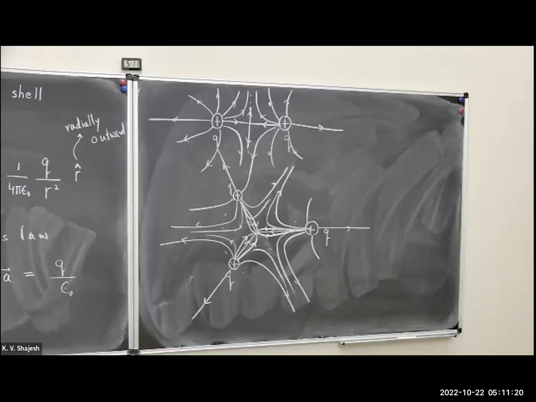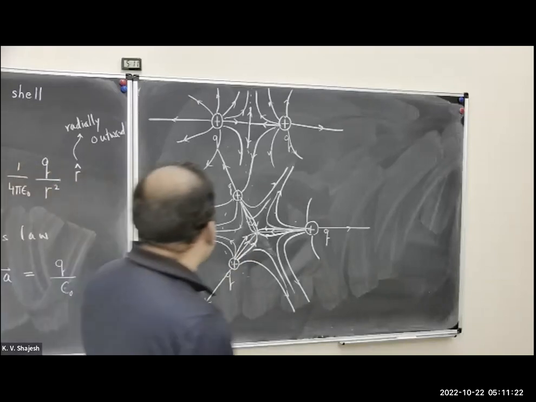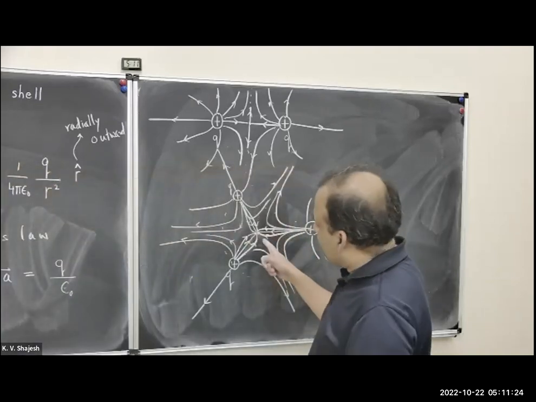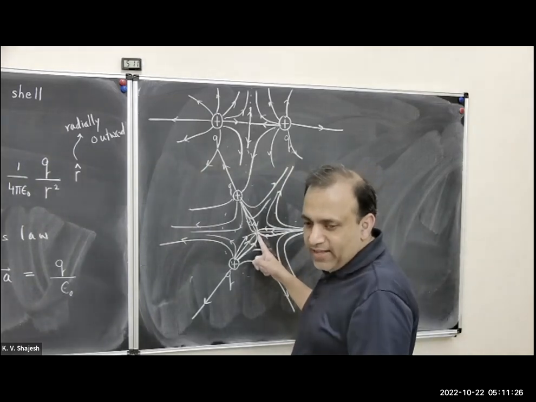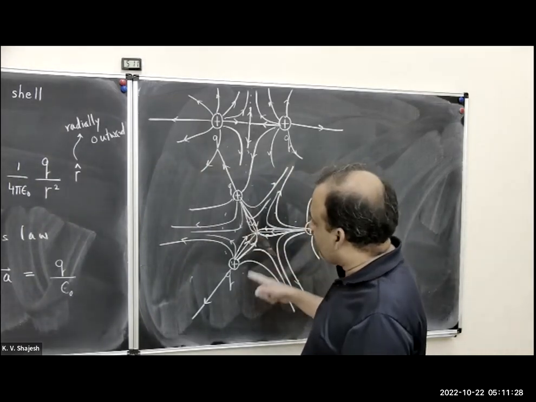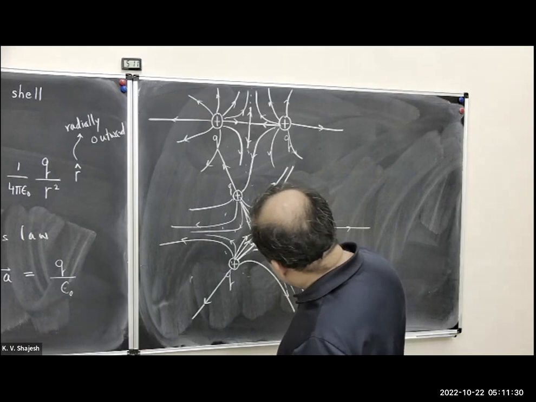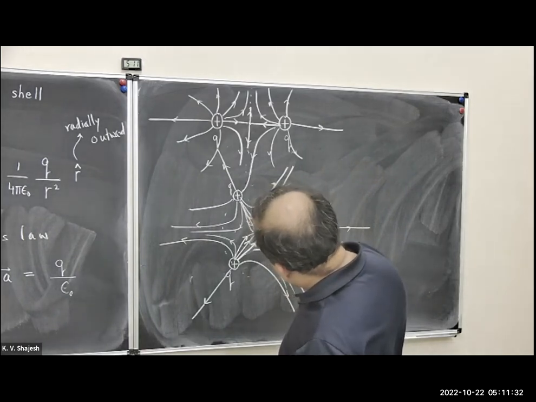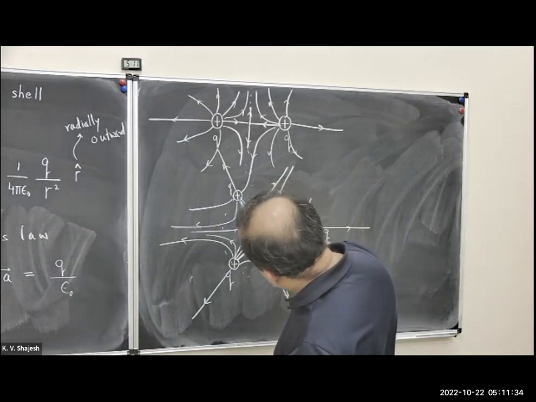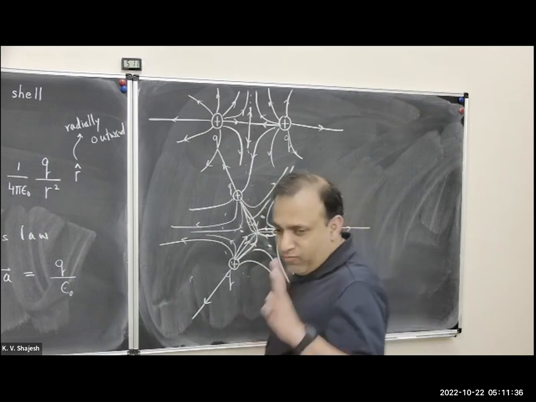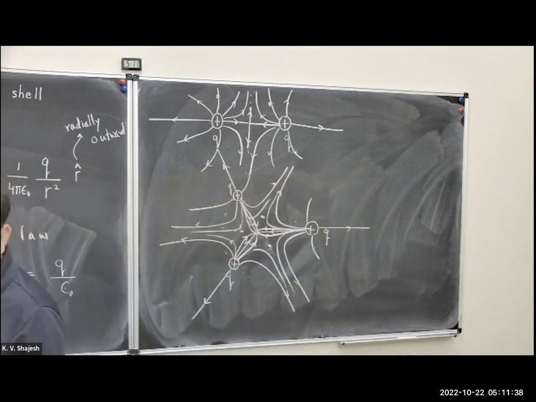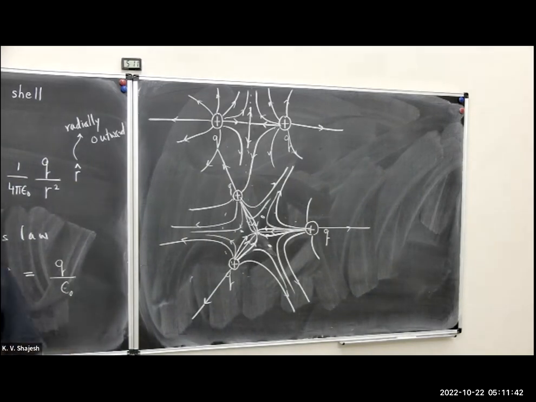Exactly. So the point is, it's not that there is only one solution inside a 3-point charges. There are 4. It is 0 here, it is 0 here, it is 0 here. There are 4 points inside a sphere where 3 charges are on the extreme ends on a plane, on an equilateral triangle, where it goes to 0.